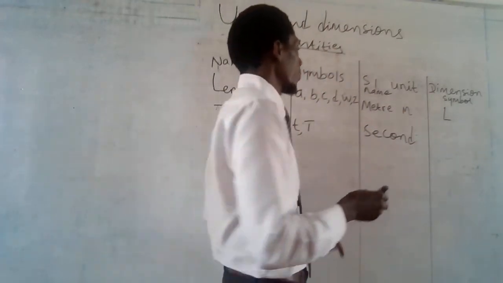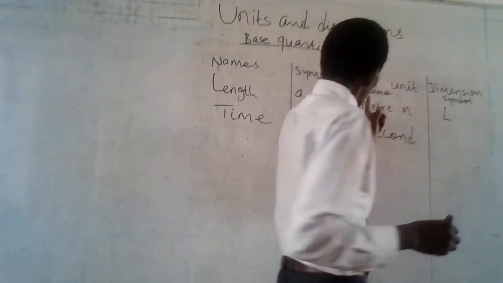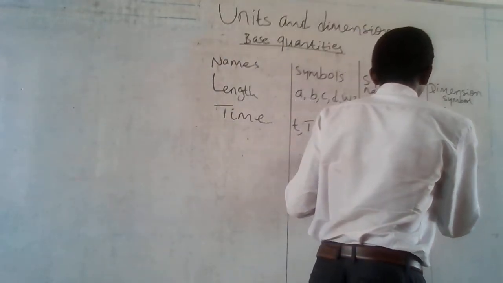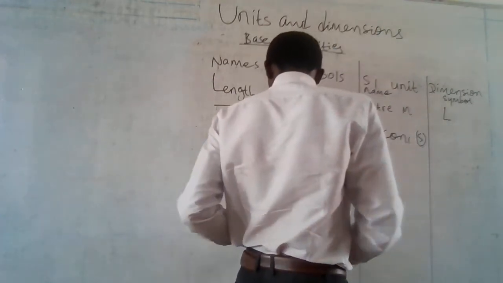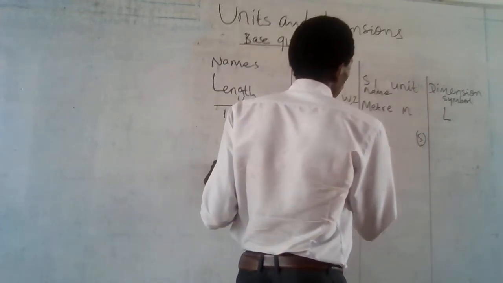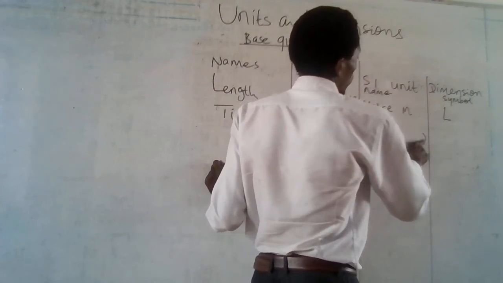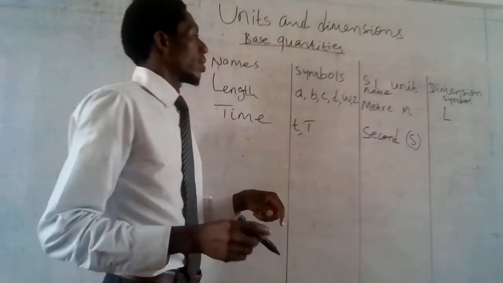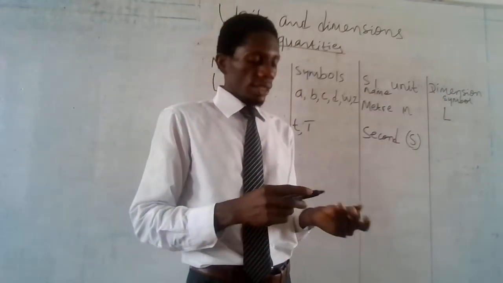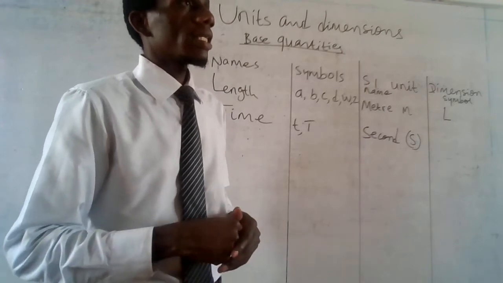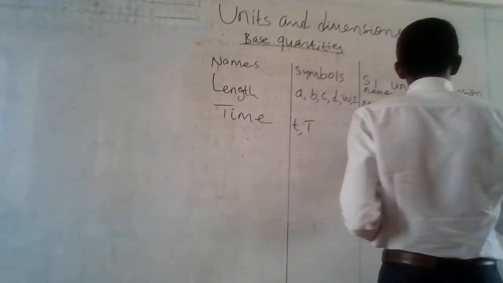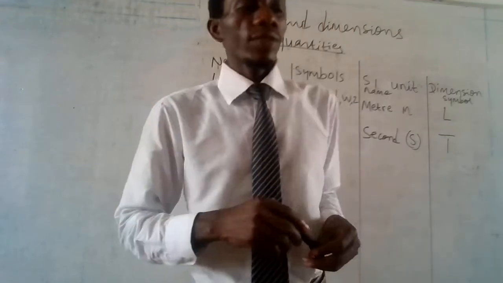Then the SI unit symbol is letter S. We use letter S to represent the SI unit, second is the SI unit name for time, and then the dimension symbol is T.